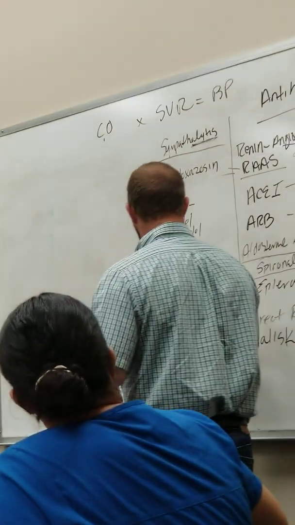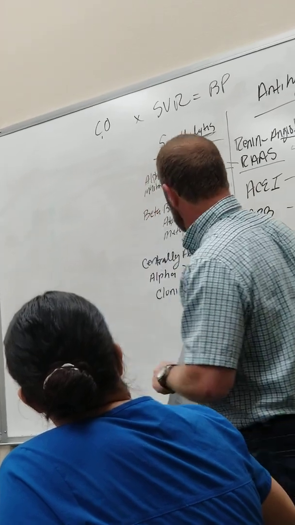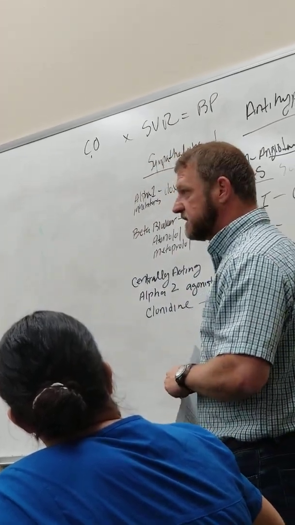You're centrally acting. So you remember when we talked about centrally acting. This is one of the agonists, so this is a little different. That one is your clonidine. Clonidine is one we talked about in the quiz last week, right?